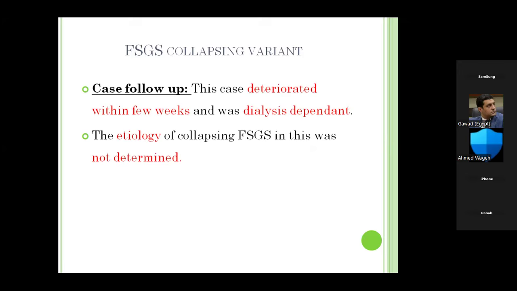The collapsing focal segmental glomerulosclerosis has a clinical picture that could not be mistaken, plus the light microscopic or the histopathologic picture. The focal collapsing features that could be seen in another variant of focal segmental glomerulosclerosis does not mean that this is a collapsing FSGS.